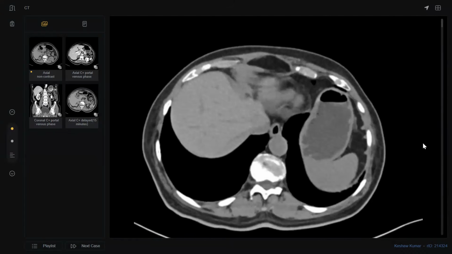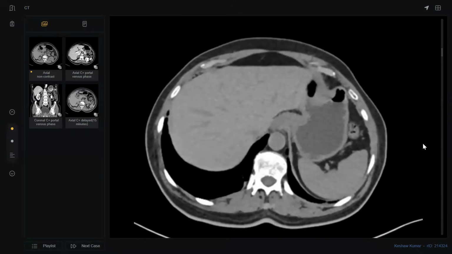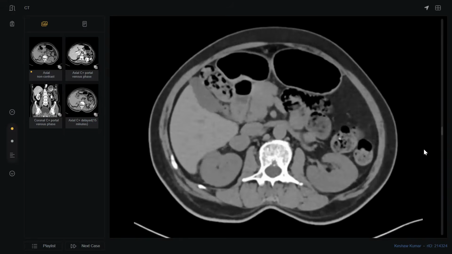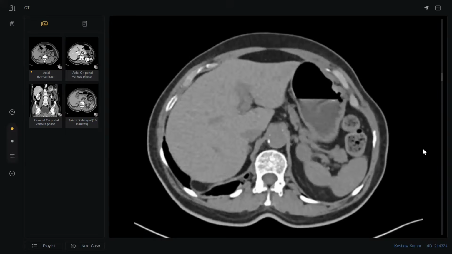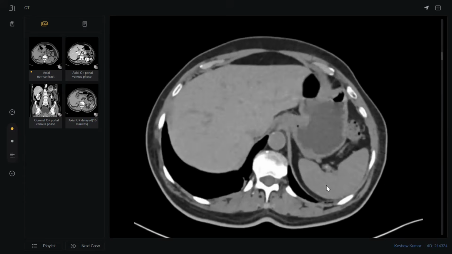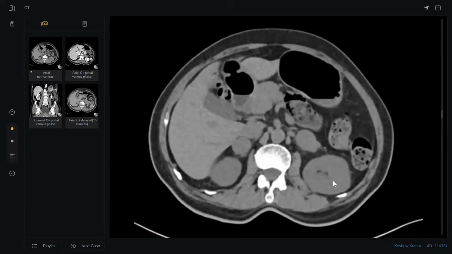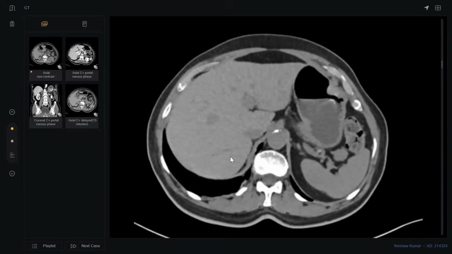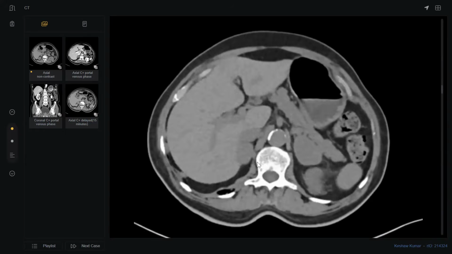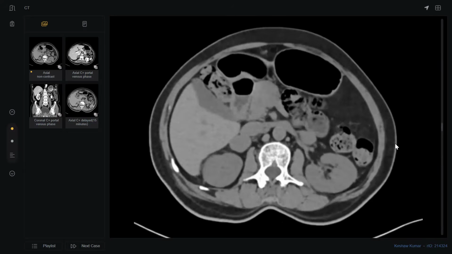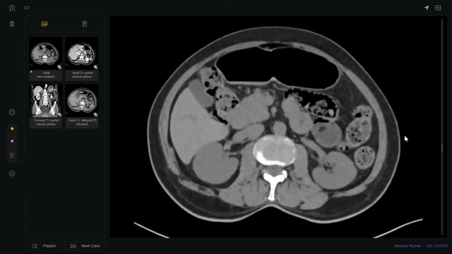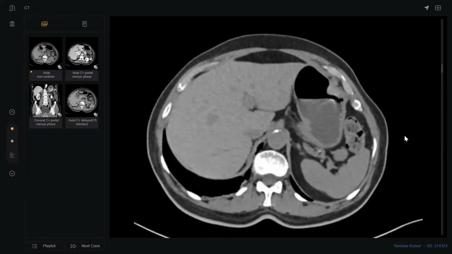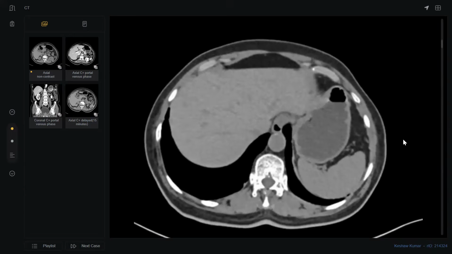Here also. In the left adrenal region also I can see a large lobulated mass, and bilateral adrenal regions also have soft tissue density lesions.